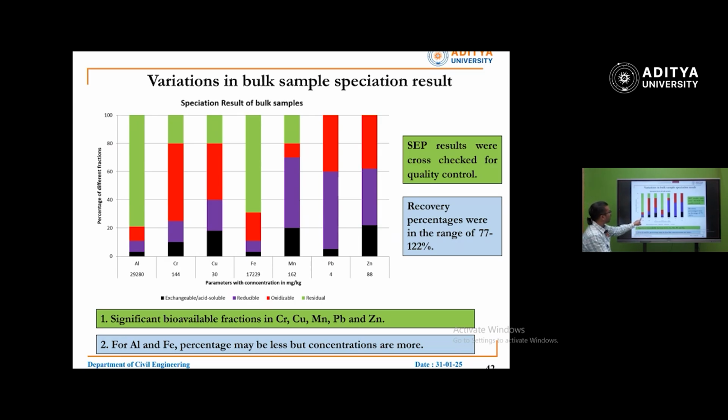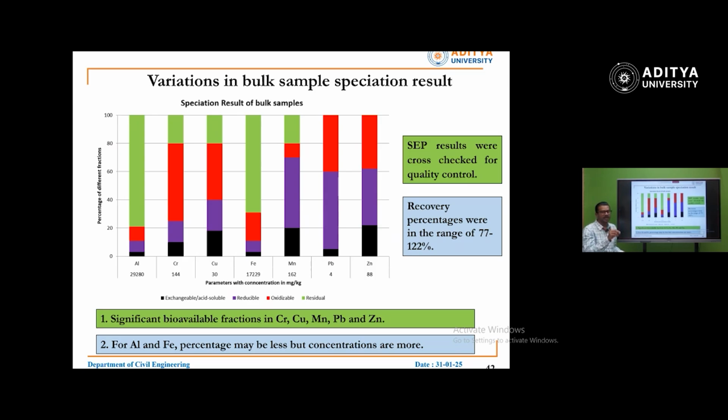One more thing, in aluminum and iron, as I have already mentioned before, there are not even permissible limits for these particular metals in the soil. And if you notice, most of the fractions are present in residual forms. That means almost 80% of aluminum is in residual form.